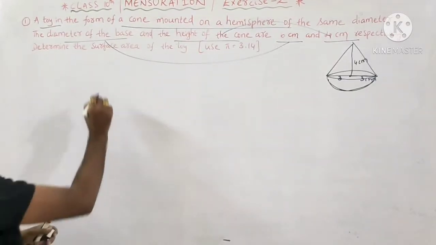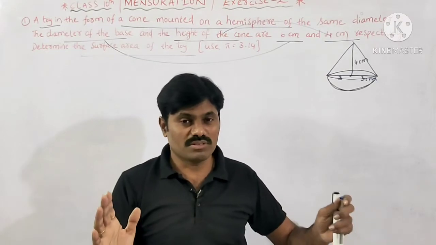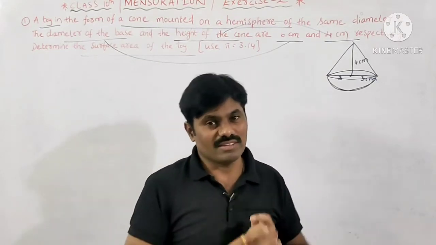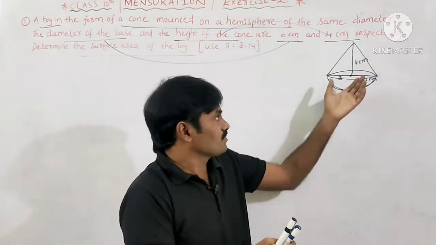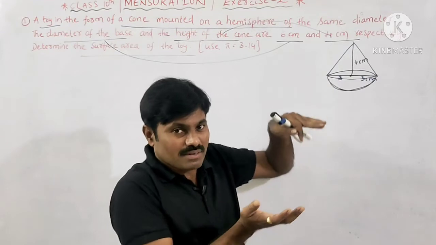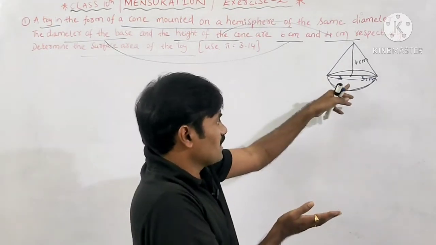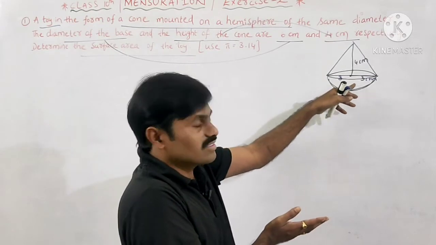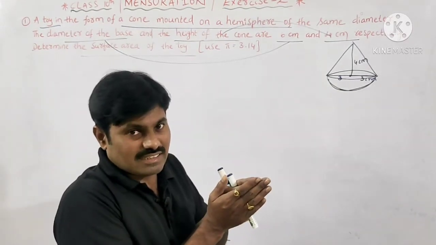Now, what is the question? They ask us to determine the surface area of the toy. Surface area of the toy means total surface area of the toy. Here, the base of the cone and the base of the hemisphere coincide with each other. So the cone is on the hemisphere, and both are touching each other.